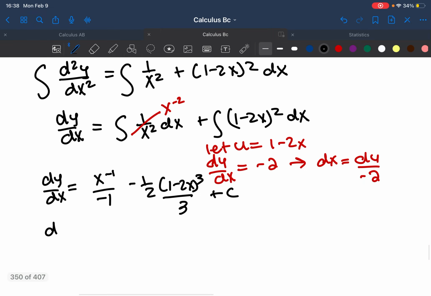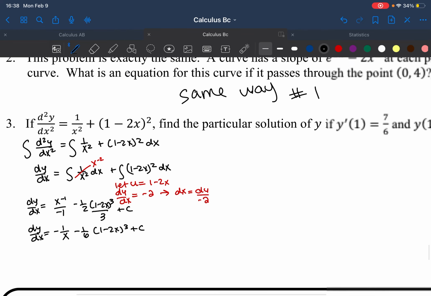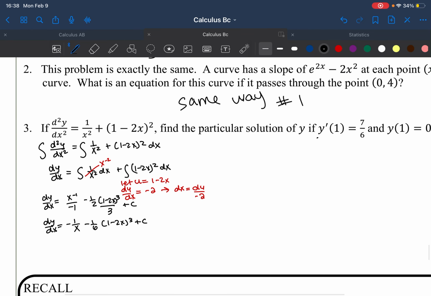So really, I have dy/dx equal to -1 over x minus 1/6 times (1 minus 2x) cubed plus c. So I need to actually find what that c value is, and I can use one of my conditions up here that states that y prime of 1 is equal to 7/6, which means dy/dx is equal to 7/6 when x is 1.